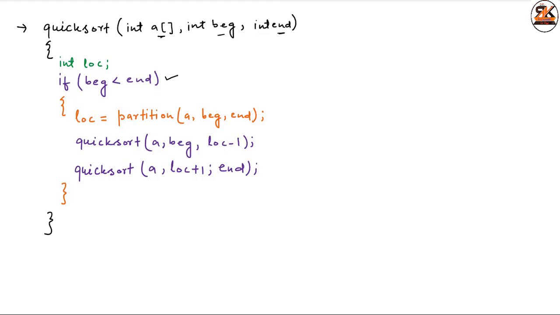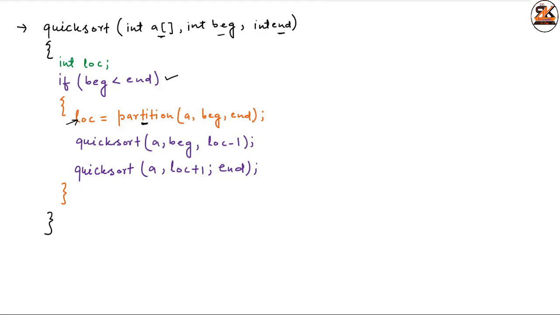Then we are calling the partition function here. And whatever is returned from that function will be stored in the loc variable. We have just seen the partition function before this, where we were returning the value i plus 1.